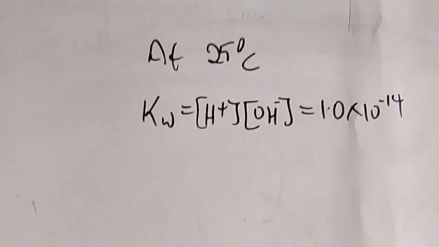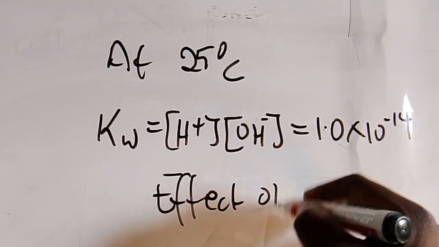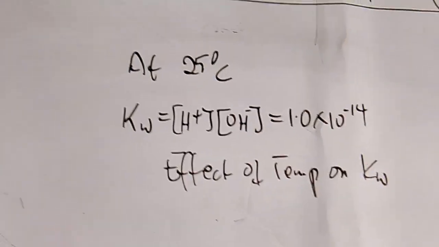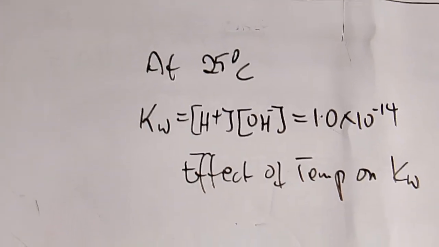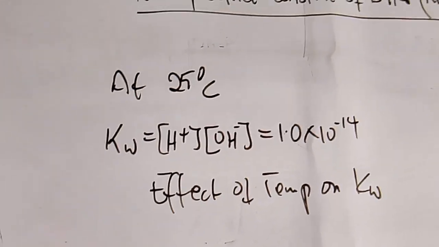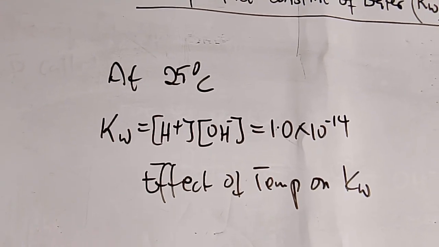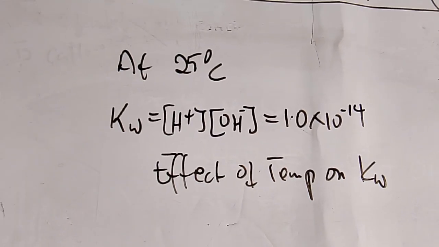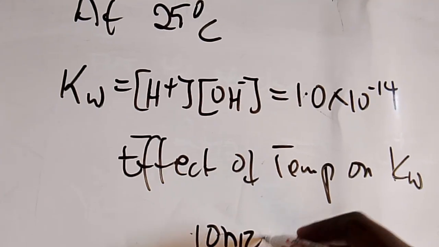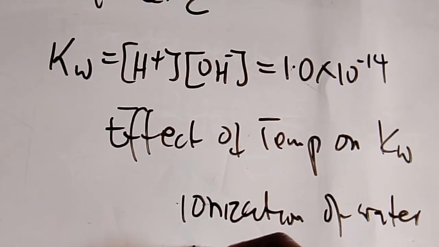Let's quickly look at the effect of temperature on Kw. The value of Kw changes with temperature because the ionization of water is an endothermic process.